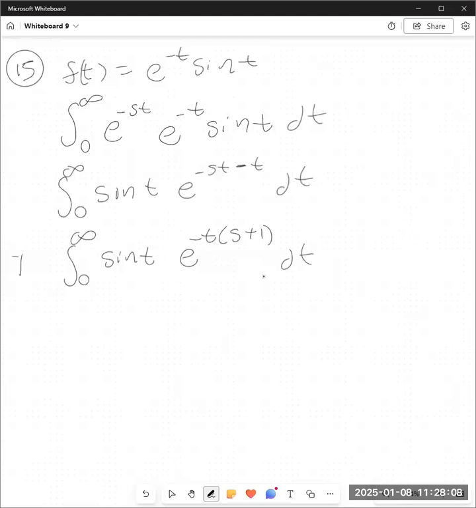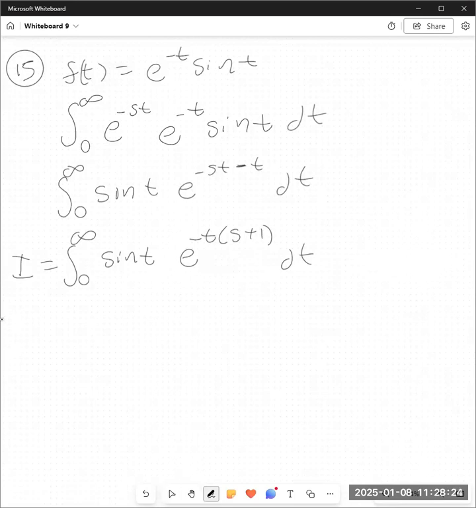I'm going to call this I because I can already see that with the sine in there and the exponential function, this is going to loop around on itself. So I'm going to call that I on my left-hand side and just leave that there.